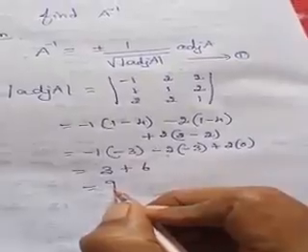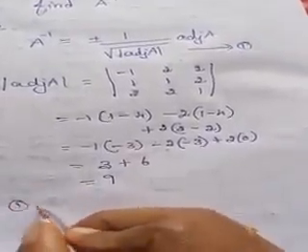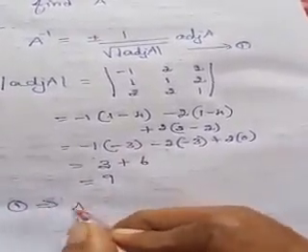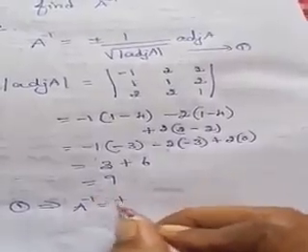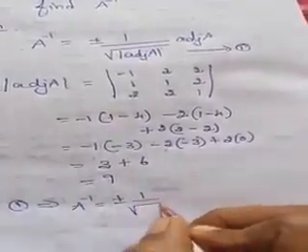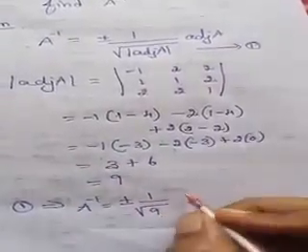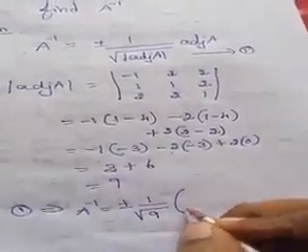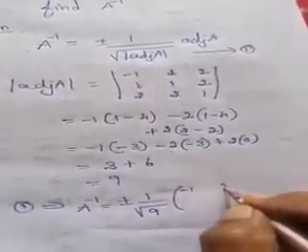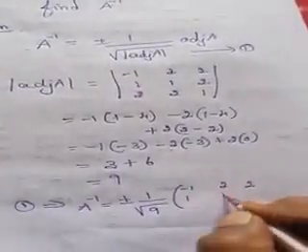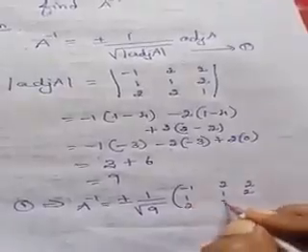Now we can substitute in equation 1. Equation 1 implies A inverse is equal to plus or minus 1 by root of determinant of adj A into adj A. Just now we have got the answer, root 9 into adj A. That is the given matrix, isn't it? Minus 1, 2, 2, 1, 1, 2, 2, 2, 1.